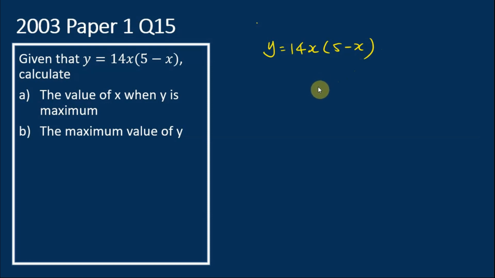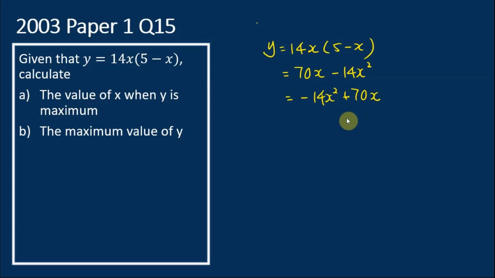To do this, we need to expand this expression so that it becomes the general form. So let's expand it. This is equal to 14x times 5, which is 70x, and then 14x times negative x, which is negative 14x squared, or we can rewrite it as negative 14x squared plus 70x, because in general form the x squared term is put in front of the x term.